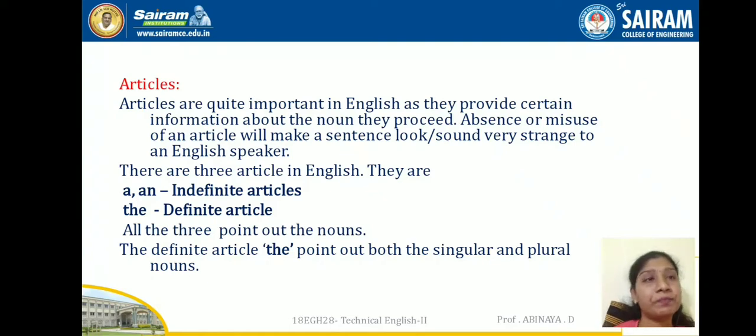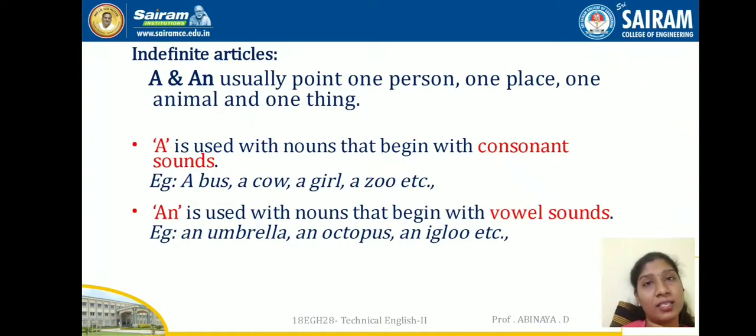Let's see indefinite articles first. What are indefinite articles? A and an. They usually point to one person, one place, one animal or one thing. We use them with singular nouns. For example, you are asking for a pen: give me a pen.